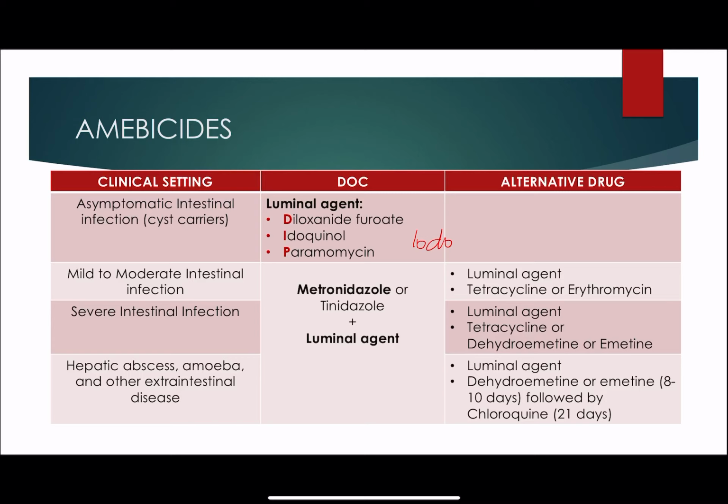Okay, here in the Philippines, actually, it's very common if people are experiencing mild to moderate intestinal infection to give just metronidazole. Okay, but according to Katzung, the best combination is to give metronidazole plus a luminal agent.